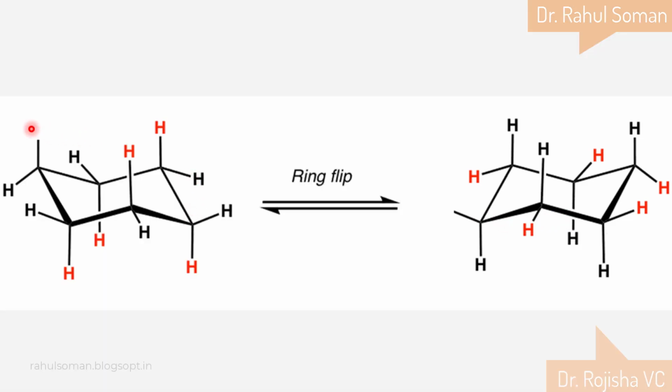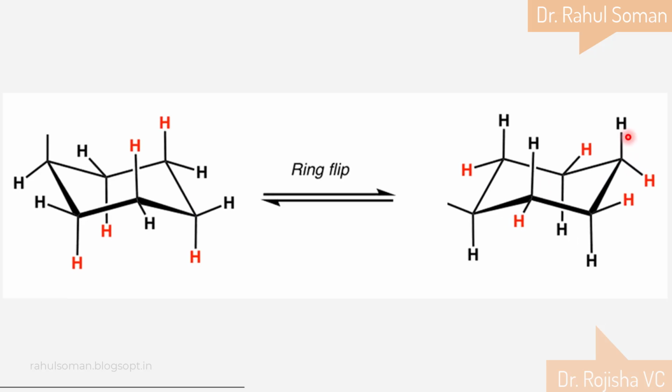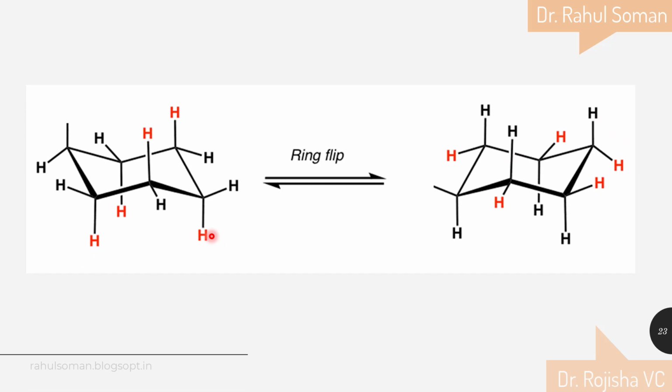If here, in this empty hydrogen position, some CH3 is there, it is now in an axial bond, and if you keep it down, it will become an equatorial bond. Similarly here also, if you keep it up, that black hydrogen will come as an axial bond, which was in the equatorial position here. So this is what happens in ring flipping.